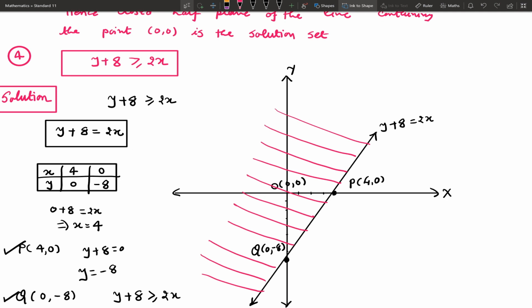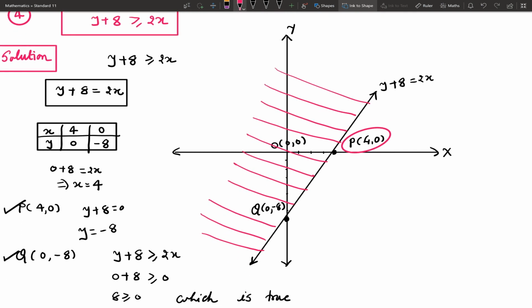For the x axis, y coordinate 0. So you take y equal to 0 in the equation. We will get x coordinate 4. So one point is P 4 comma 0. We take x coordinate 0. So we get the point of the y axis Q 0 comma -8. Join these 2 points. So we will get the line y plus 8 equal to 2x, and the inequality is a slack inequality. So there is a dark line.